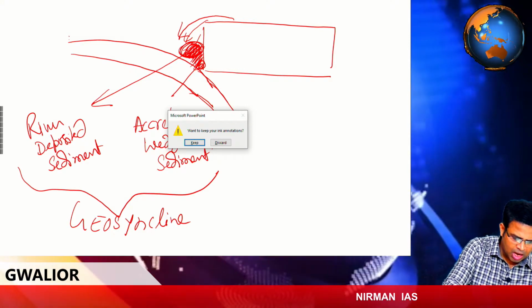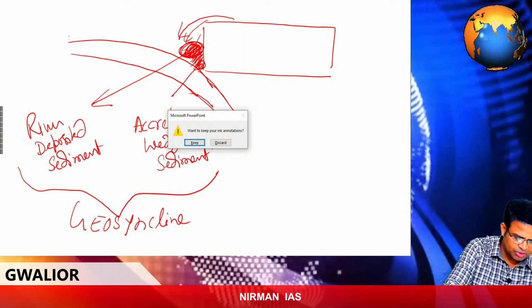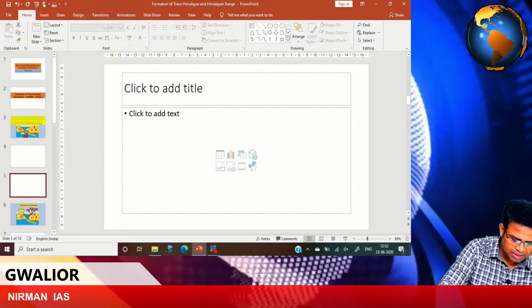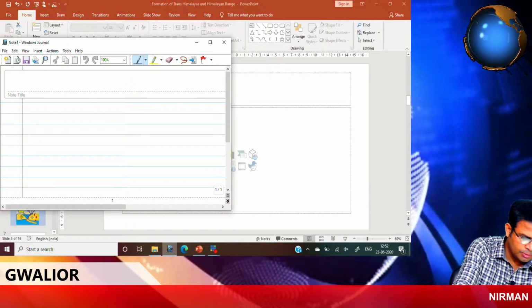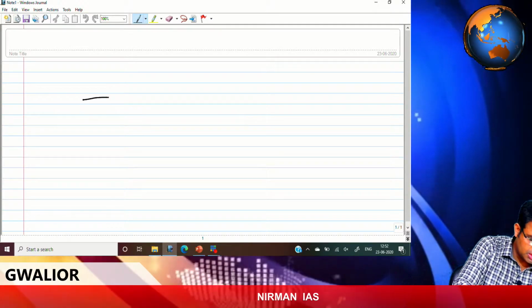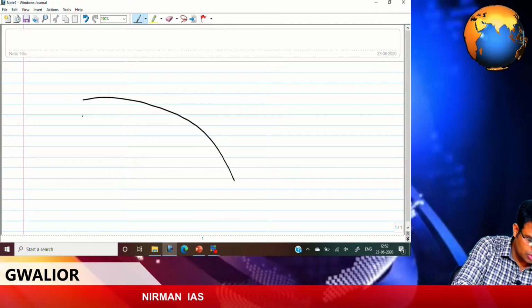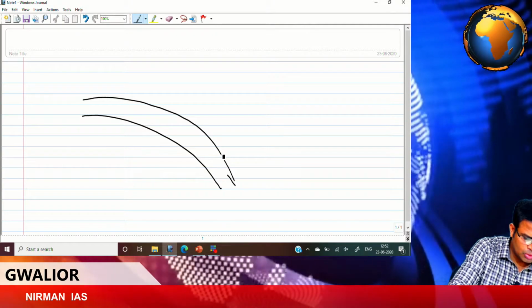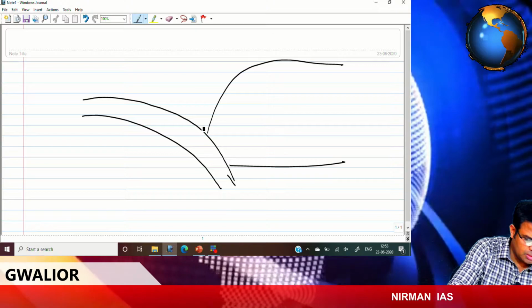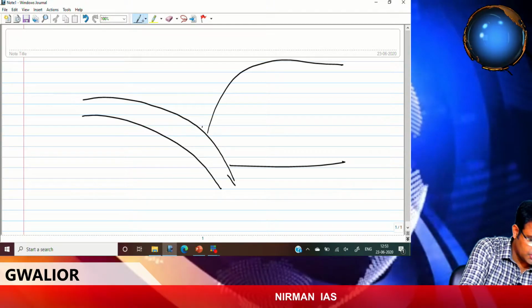Now we have to see how this geosyncline converts into a fold mountain. Before that, here it is the continental plate and the oceanic plate is subducting below. Which kind of sediments will be there?